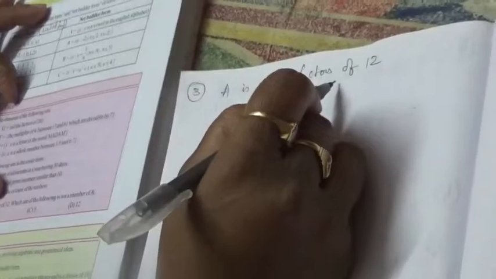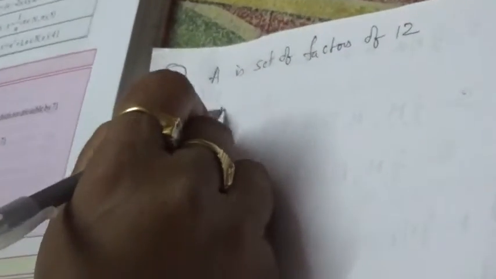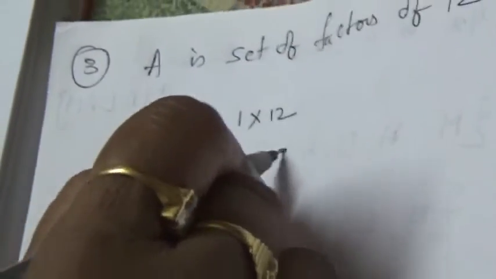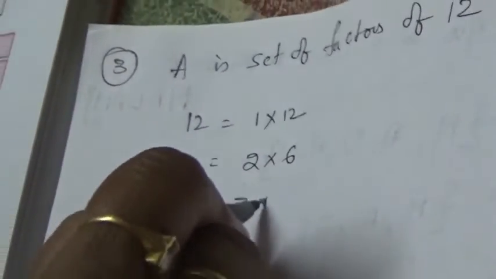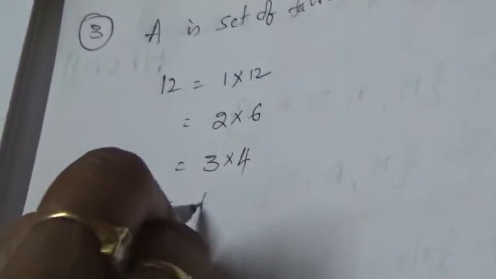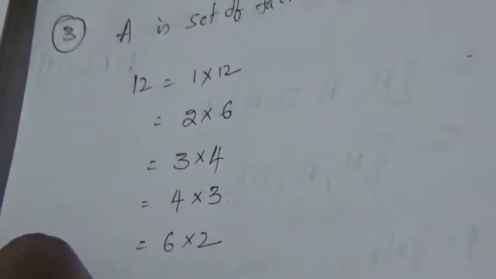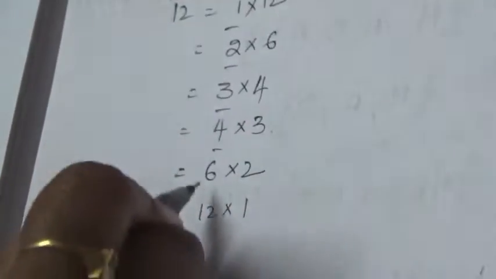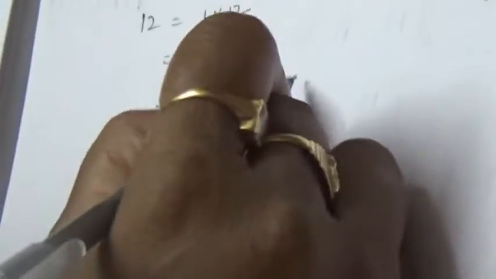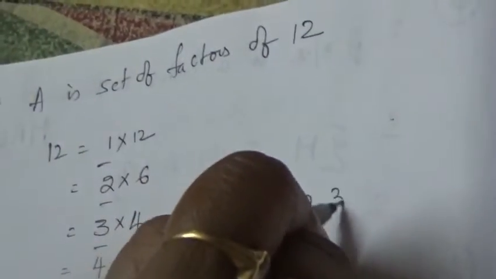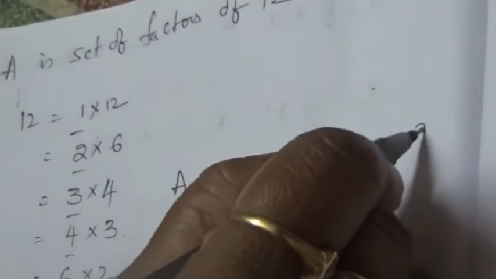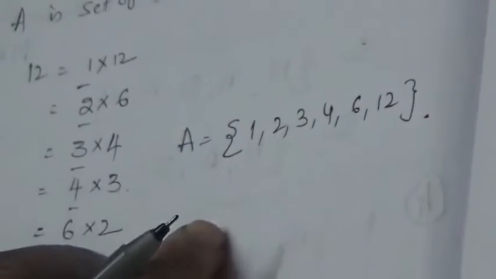So how can we find the factors of 12? 12 is equal to 12 times 1, 6 times 2, 4 times 3, 3 times 4, 2 times 6, 1 times 12. So the first numbers are the factors. So the set A is equal to 1, 2, 3, 4, 6, 12. It is the set A.